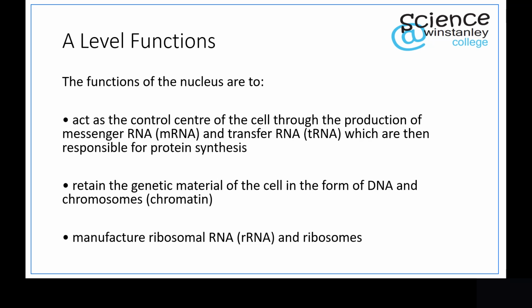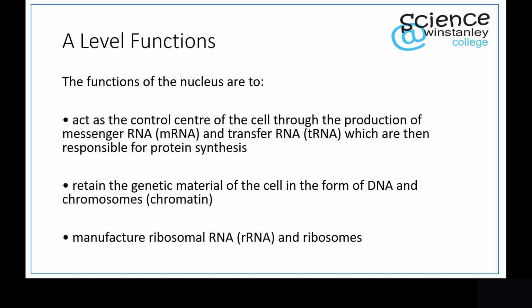Yes, it acts as the control center of the cell through the production of mRNA and tRNA. Both of those are responsible for protein synthesis. So when we say the nucleus controls the activities of the cell, in actual fact, what we mean is it provides the code to make the proteins, and it's the proteins that then control the chemical reactions within the cell.